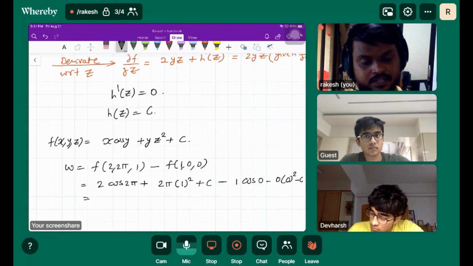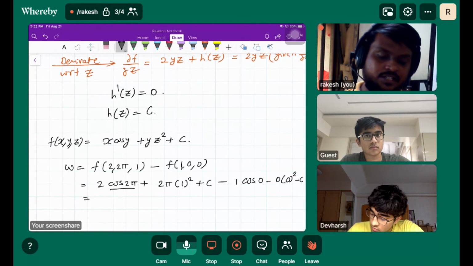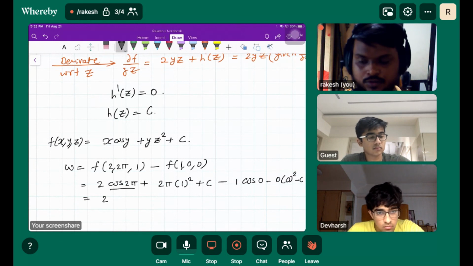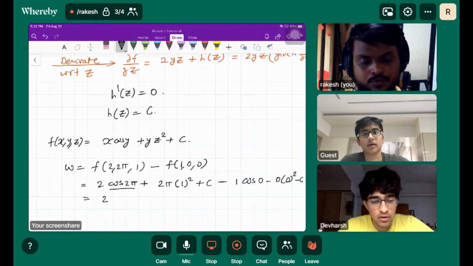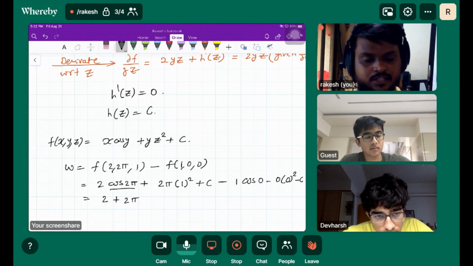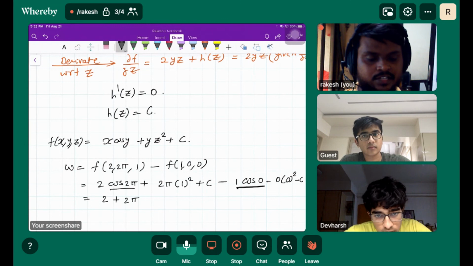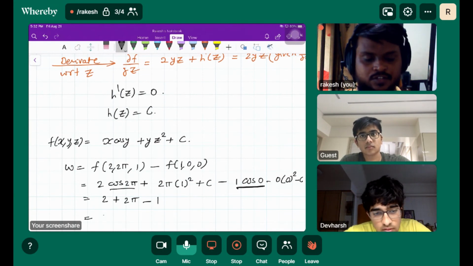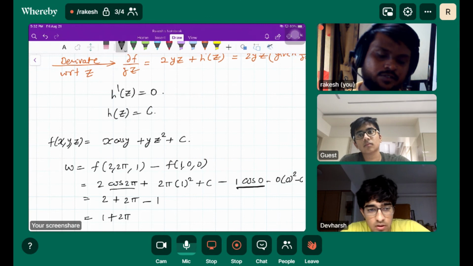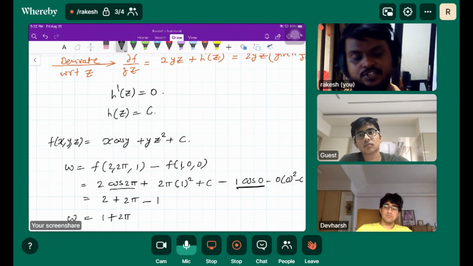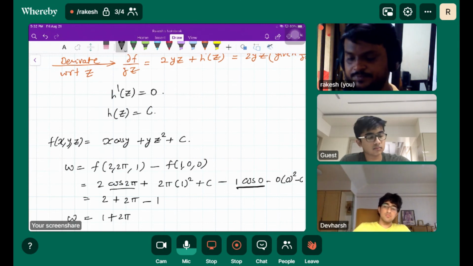Okay, see, cos 2 pi is how much? 1. One. Cos 0 is 1. So 2 plus 2 pi, and then the c's cancel out, and this is 1 again, minus 1. So 1 plus 2 pi. So the work done is 1 plus 2 pi.